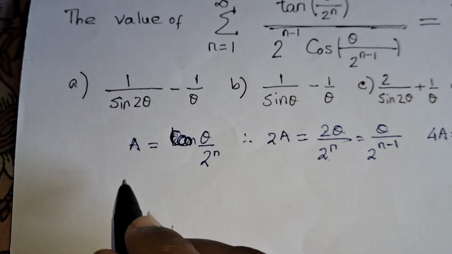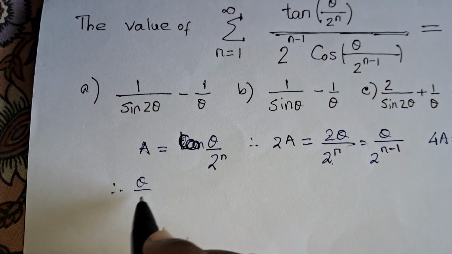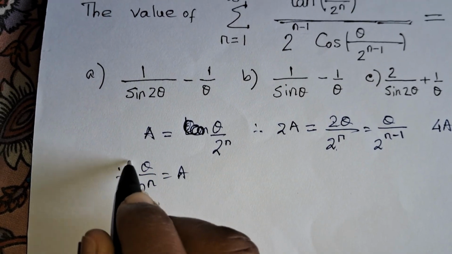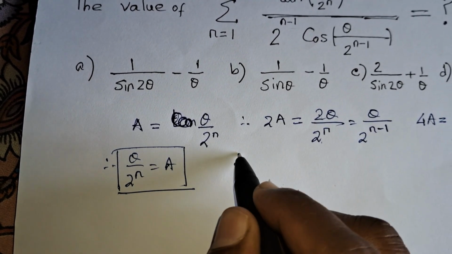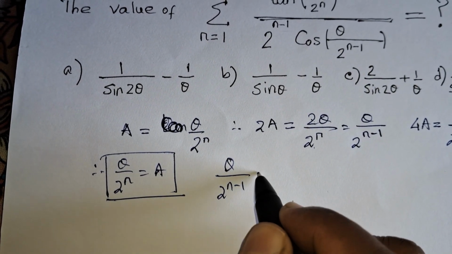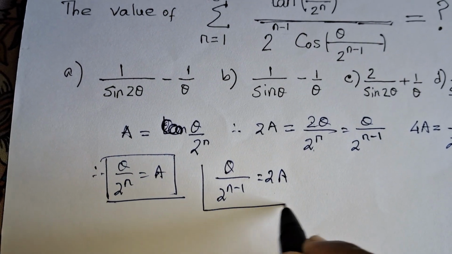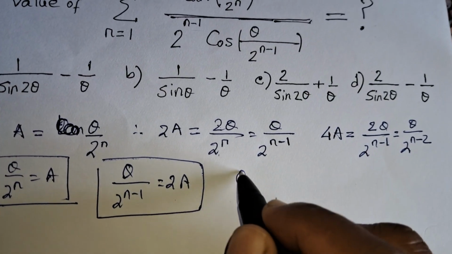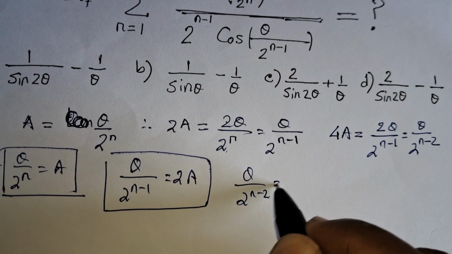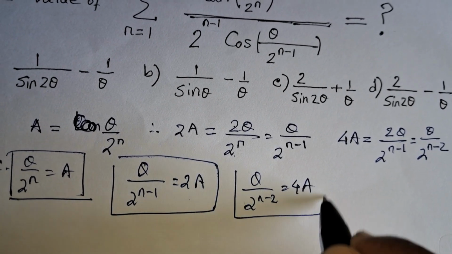So what we got? Theta by 2 to the power n means a. Theta by 2 to the power n minus 1 equal to 2a. Theta by 2 to the power n minus 2 equal to 4a, and so on.